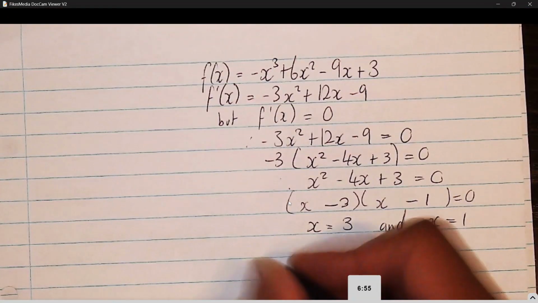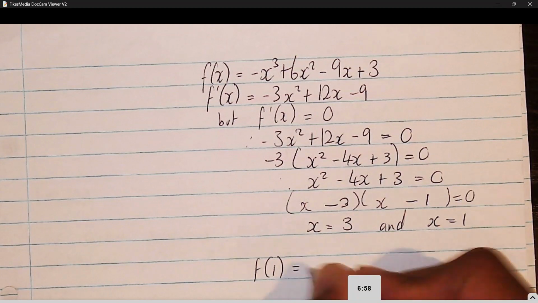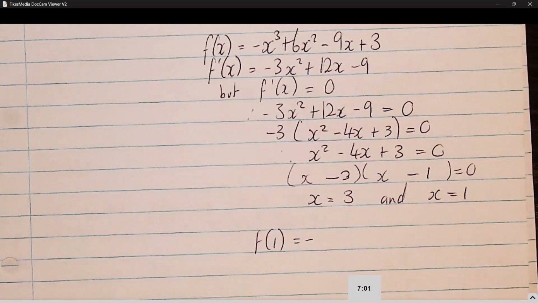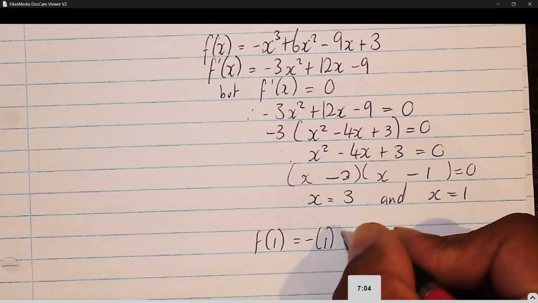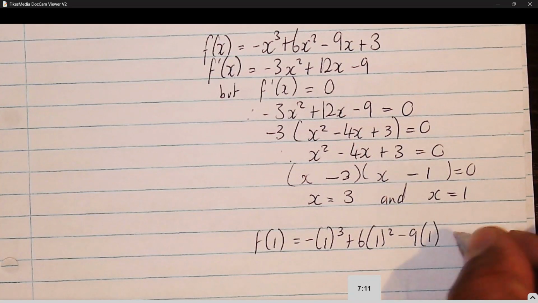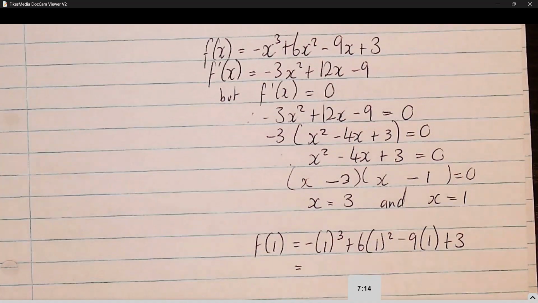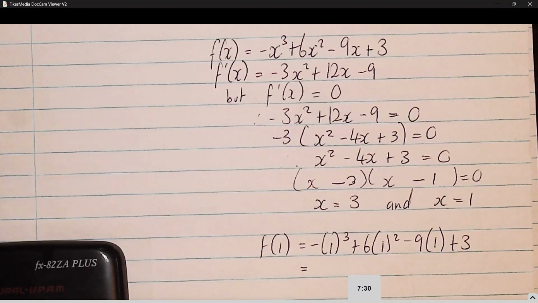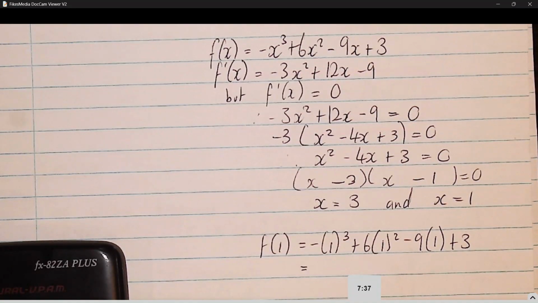So for f of 1, we have negative 1 to the power 3, then plus 6 times 1 squared, minus 9, plus 3.